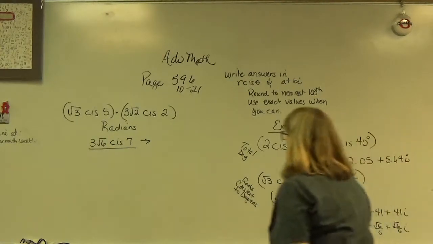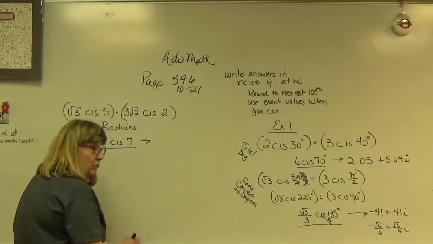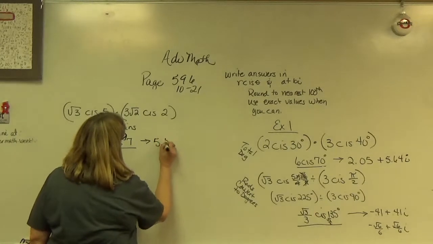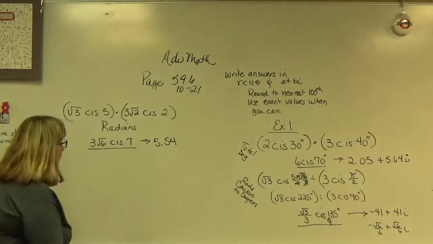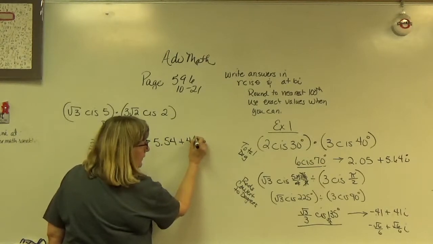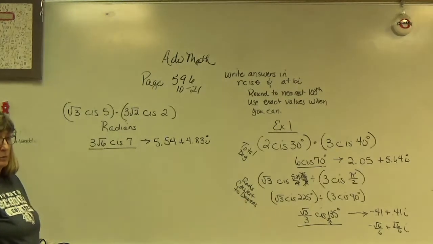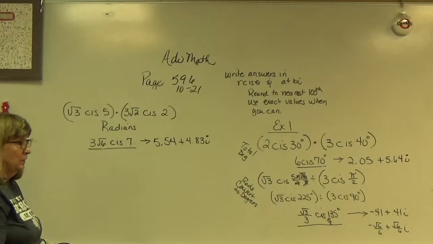Okay, so somebody tell me what the first one is. What's 3 times the square root of 6 times the cosine of 7? 5.54. And then 4.83. We agree on those values.